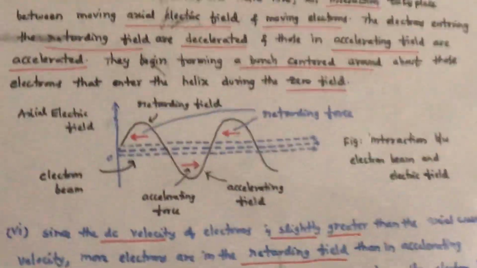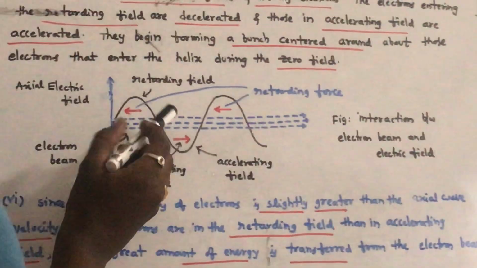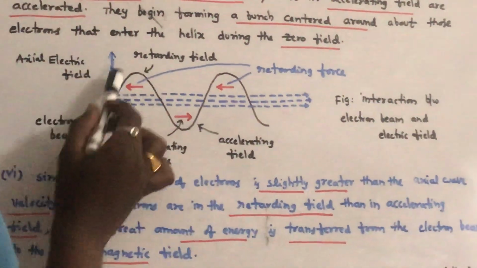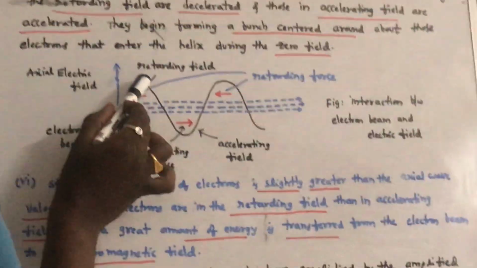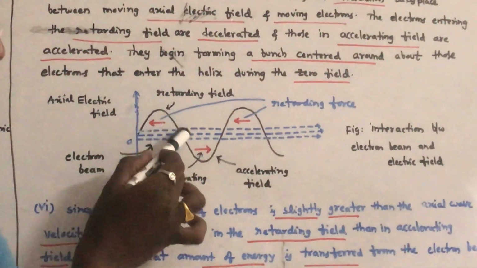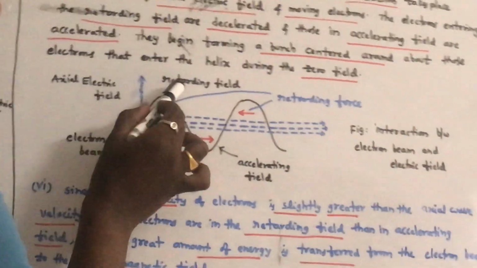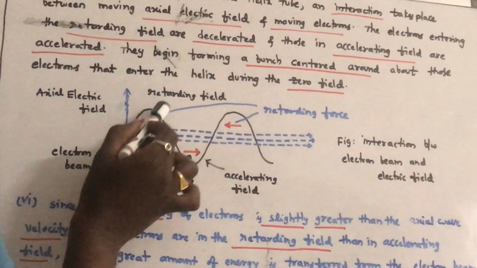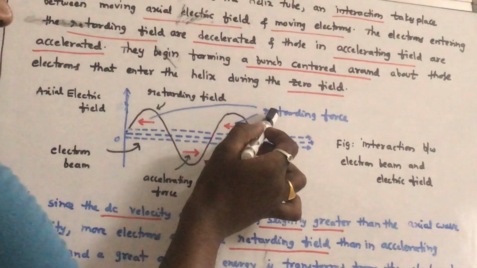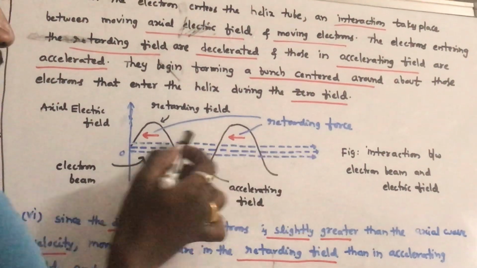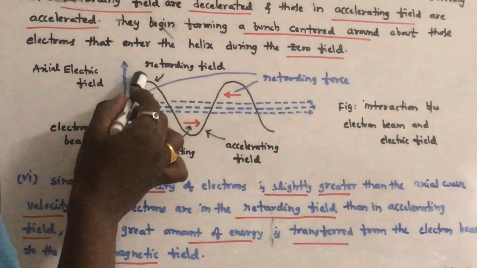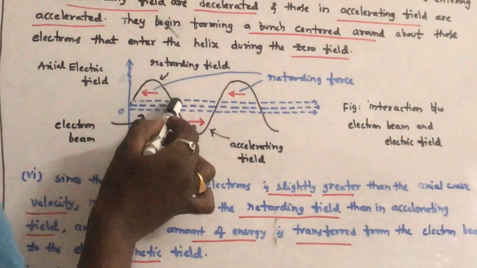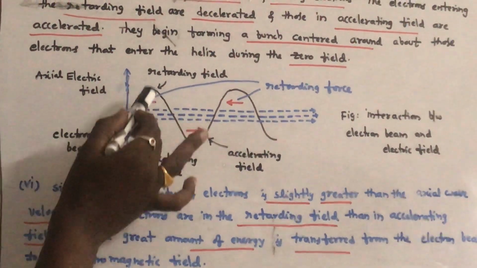This is a very important point. You can see in this diagram the axial electric field. This part is shown as the retarding field because the field is decreasing. The field exerts a retarding force, shown in red, because those electrons that fall into this retarding field are decelerated.